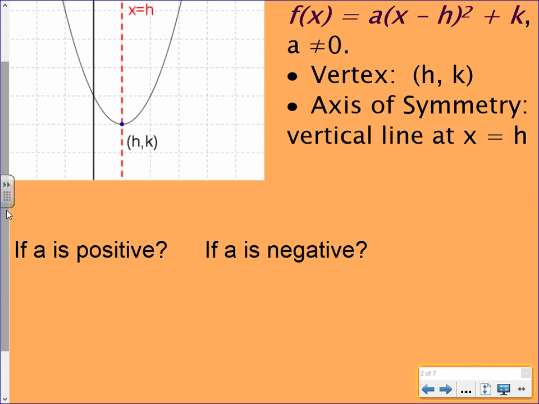All right. If a is positive, Henry, what does our parabola look like? Which way is it opening? It opens up.